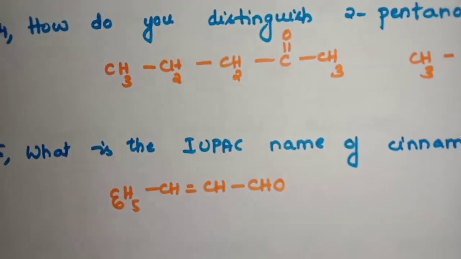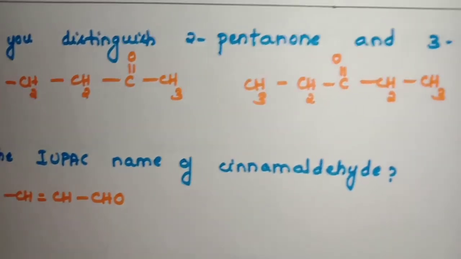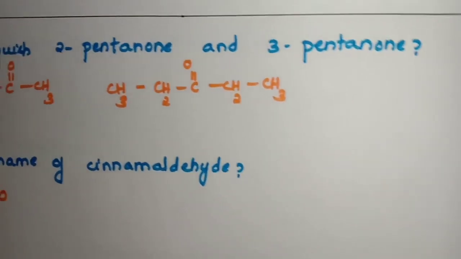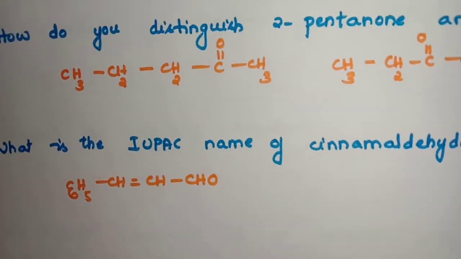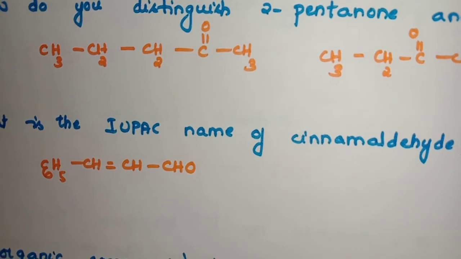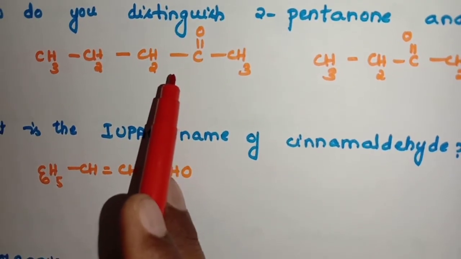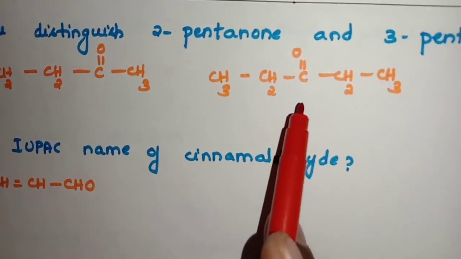The next question: how do you distinguish 2-pentanone and 3-pentanone? What is 2-pentanone? Pent means 5 carbons, and on the second carbon there is a C double bond O group. This is 2-pentanone and this is 3-pentanone.